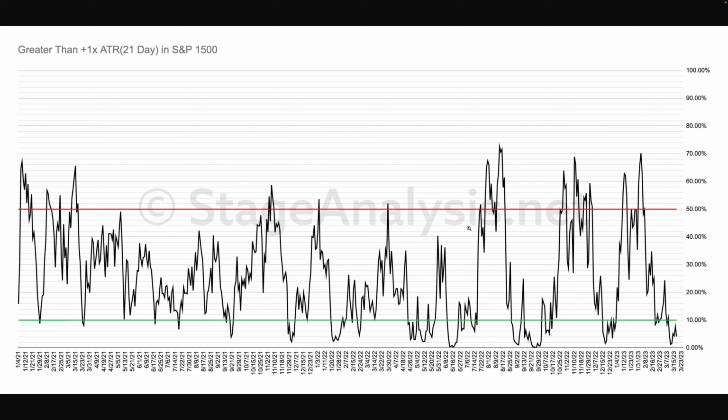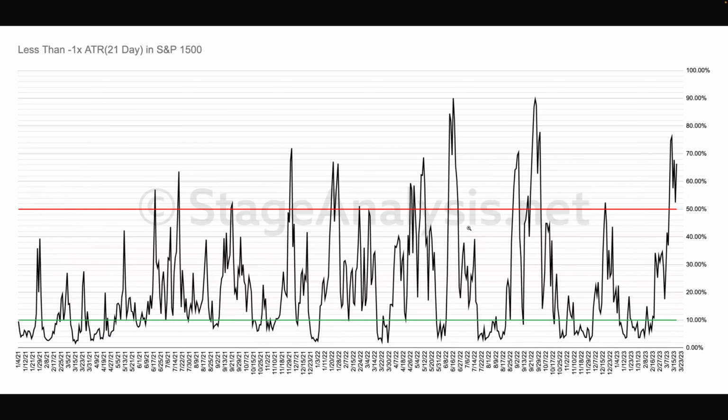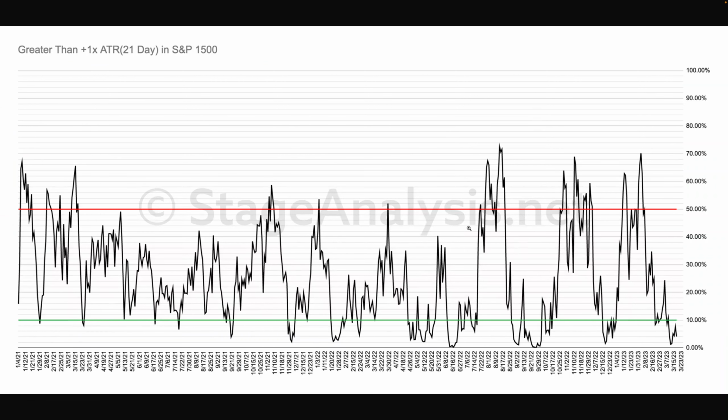A more custom breadth chart we do on the Stage Analysis website is the percentage of stocks above their +1 ATR level and the percentage of stocks below their -1 ATR level. You can see from this that greater than +1 ATR indicates short-term uptrends. We do this in the S&P 500 for a consistent measure of large and mid-cap stocks.